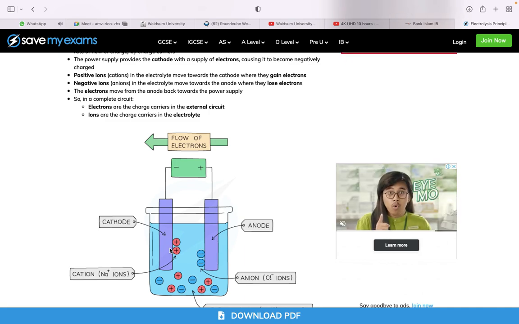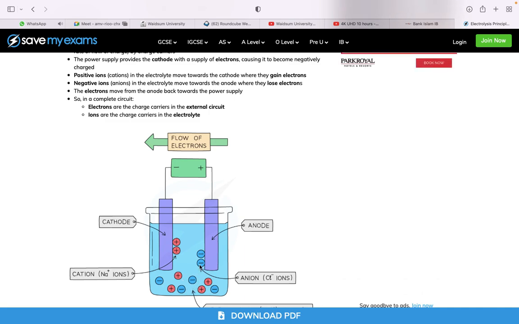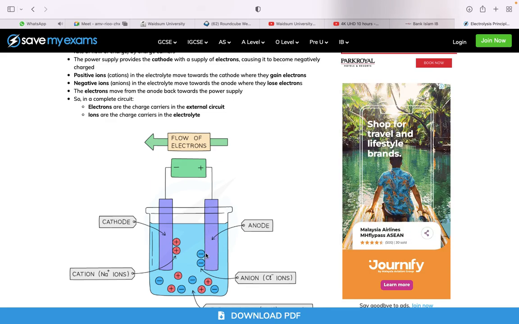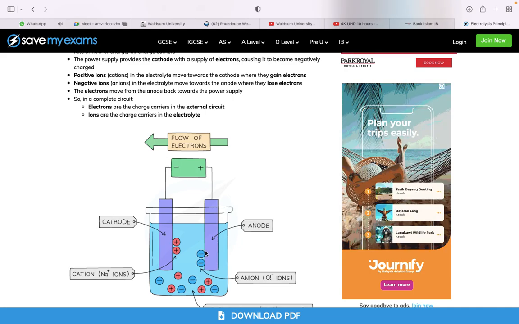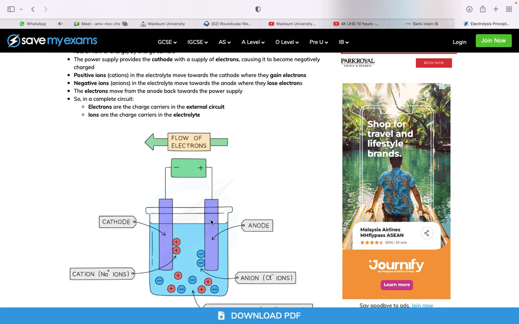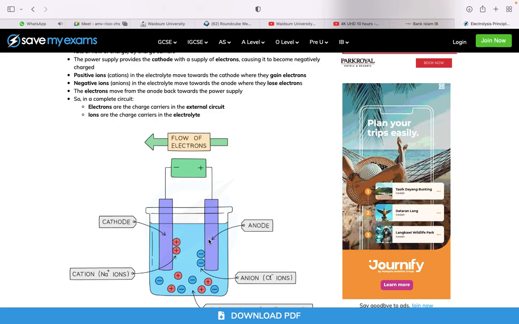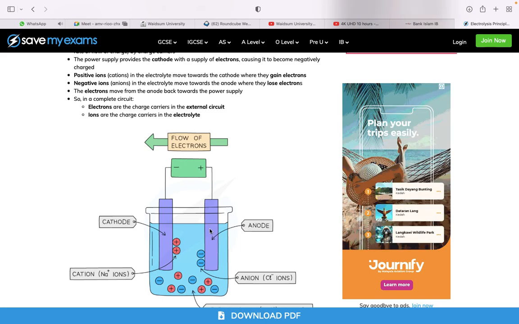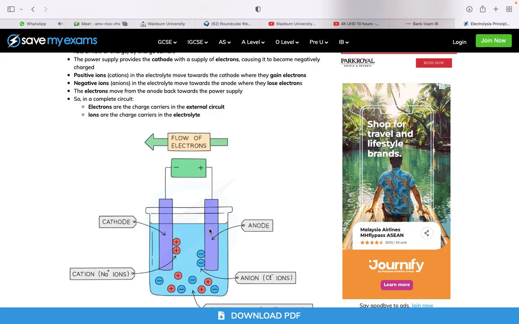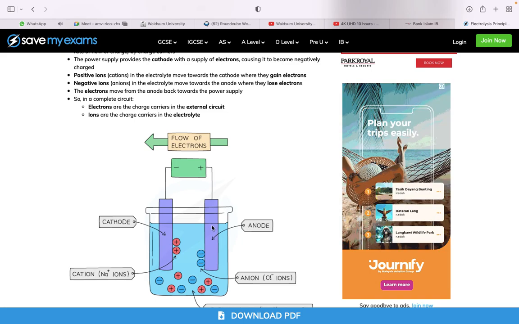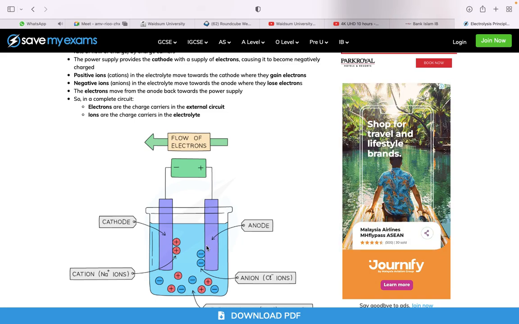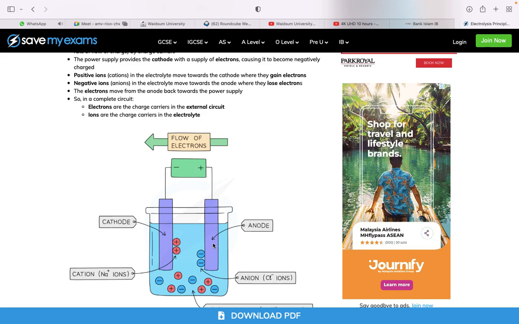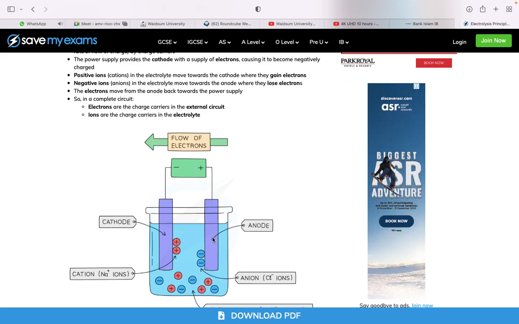Then the negative ions, which are called the anions, that migrated to this positive electrode, the anode, will lose their electrons.